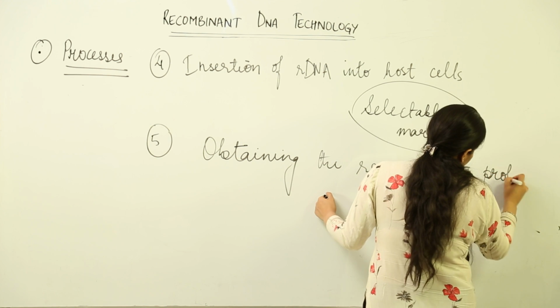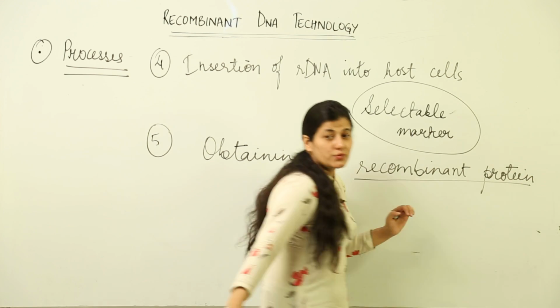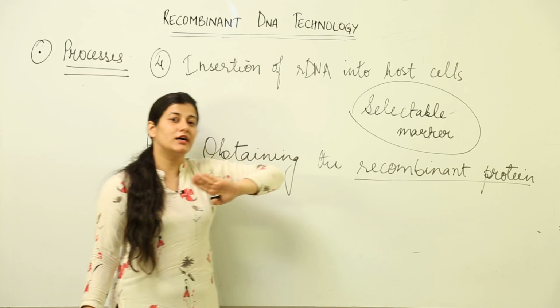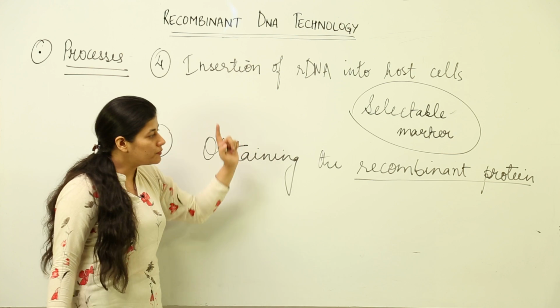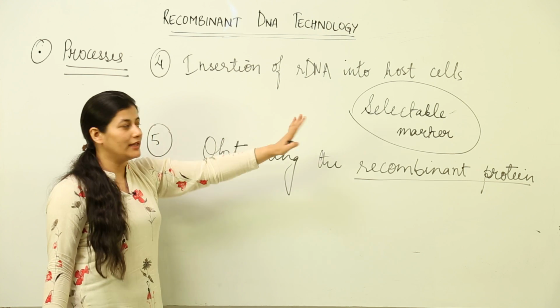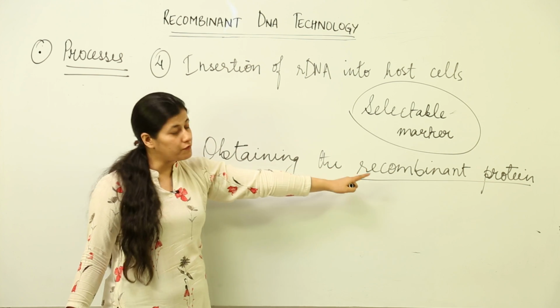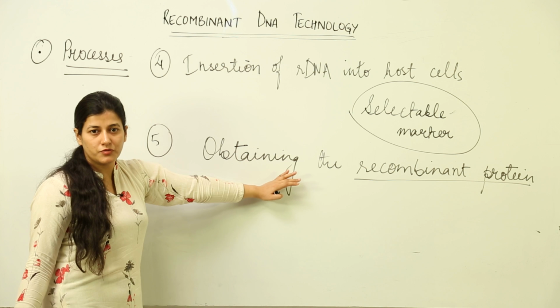Now what is that ultimate output? It is the recombinant protein that will be generated inside the host cell with the alien gene which was incorporated into the vector. So the protein generated by the recombinant DNA inside the host cell forms the recombinant protein.